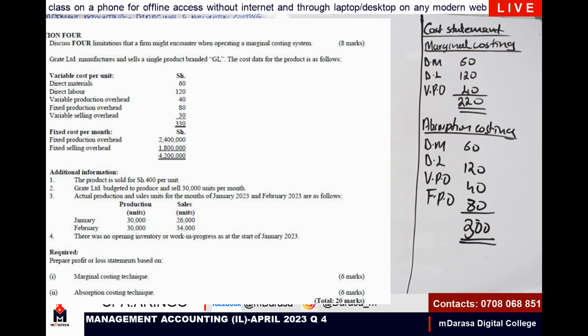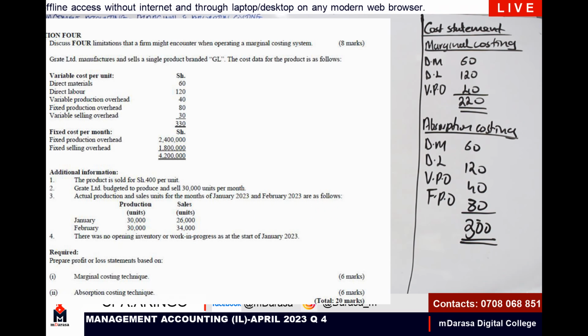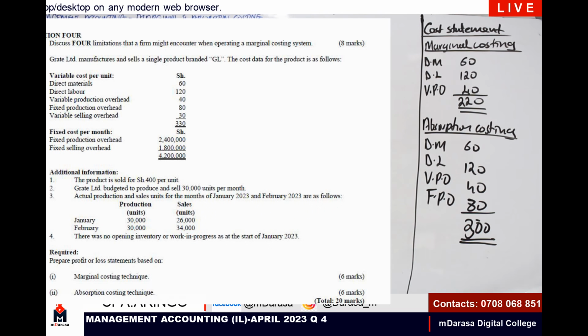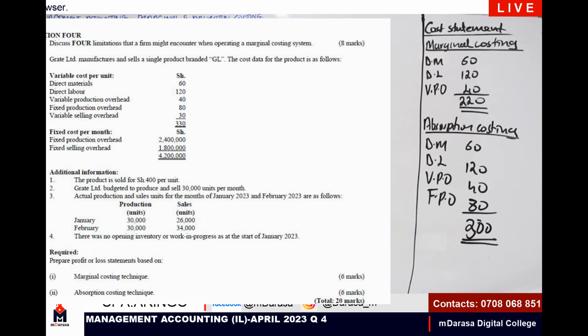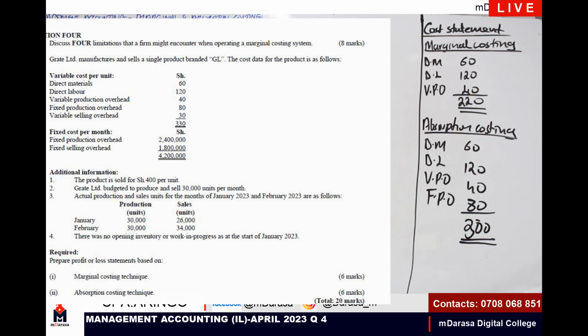This other one is absorption, with January and February here. I want us to prepare them all at once, so that you see how easy this concept is. This concept is always very easy.